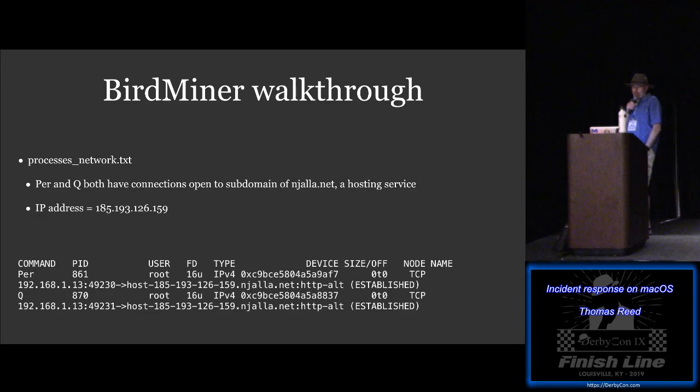Now, we can also find out where this is trying to communicate to. So we can look at the network info from LSOF, and we see Per and Q both have connections open to a subdomain of njlla, however you say that, .net, which is some hosting service.